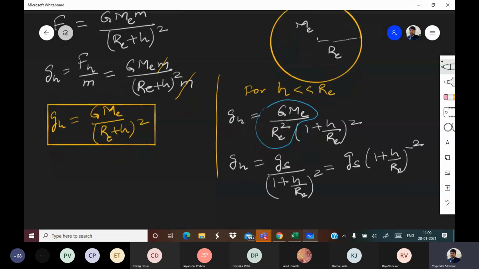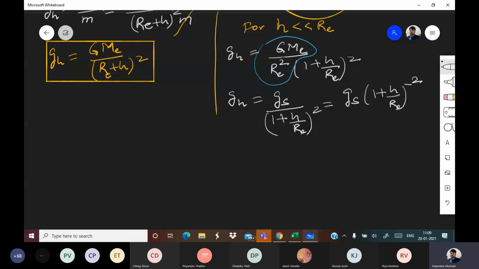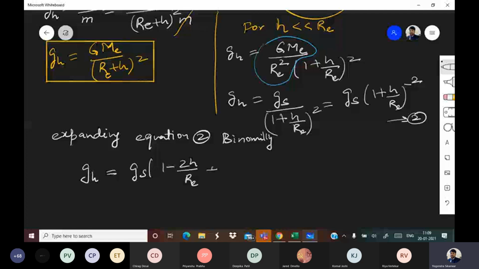Now I am going to expand it binomially. Okay, so let me call this equation 2. Expanding equation 2 binomially, that will be GH is equal to GS into 1 minus twice H upon RE plus higher terms, which will be negligible.